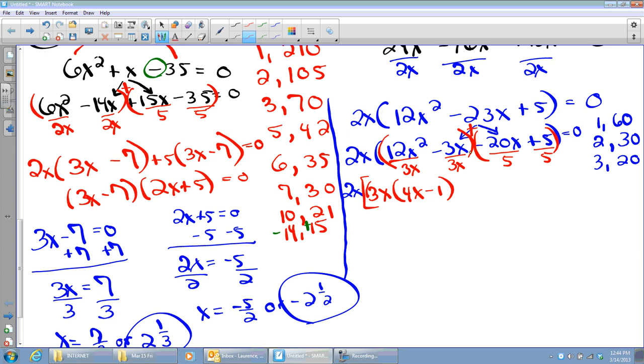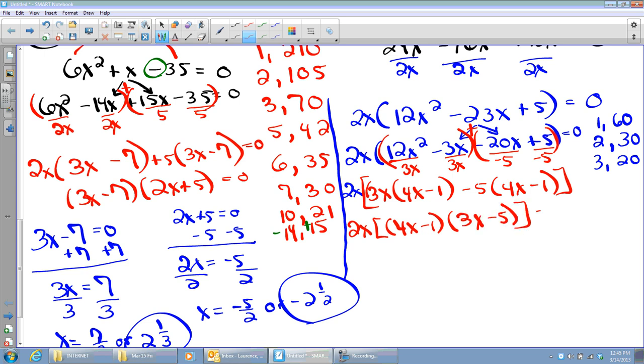My x term is going to be negative, and my constant is going to be positive. So I'm actually going to pull out a negative 5, and I'll be left with a 4x and a minus 1. Okay, I have a 2x, and then we're going to have it times the quantity of 4x minus 1 times the quantity of 3x minus 5.